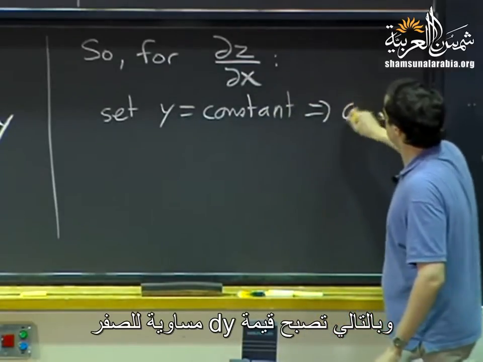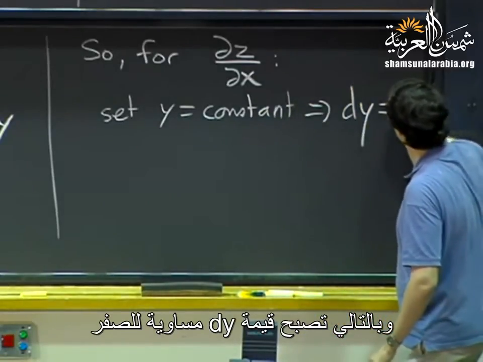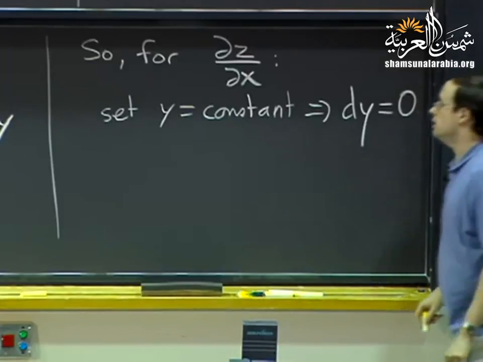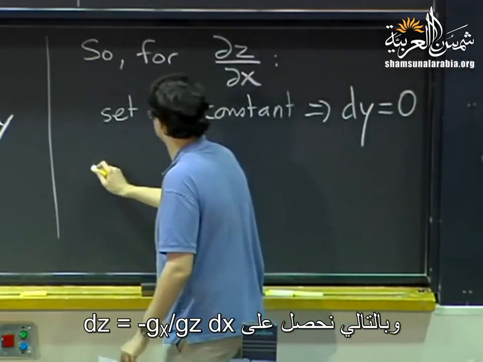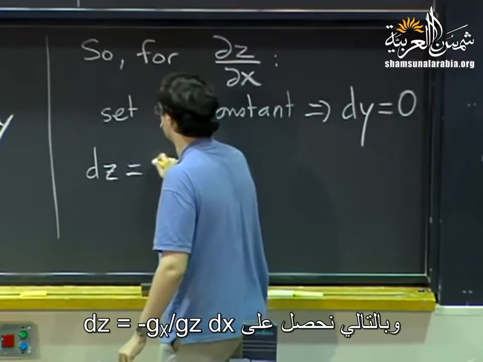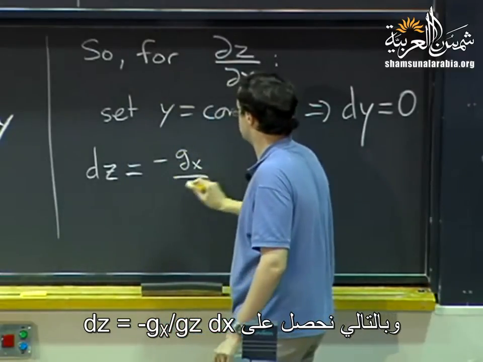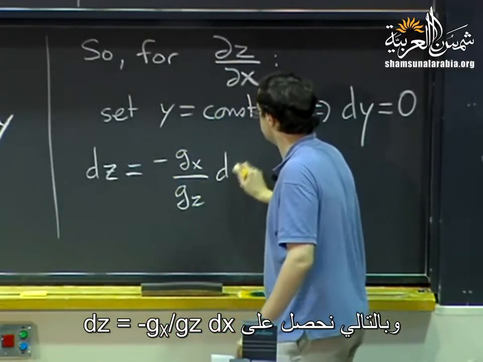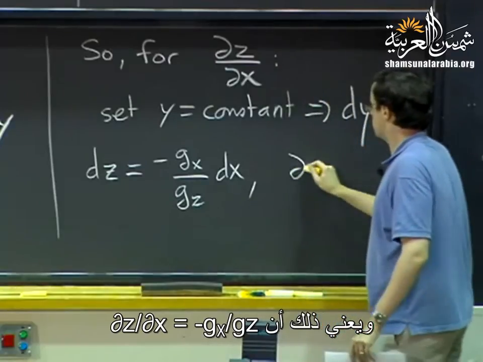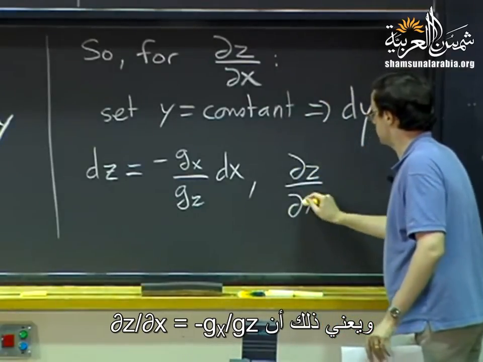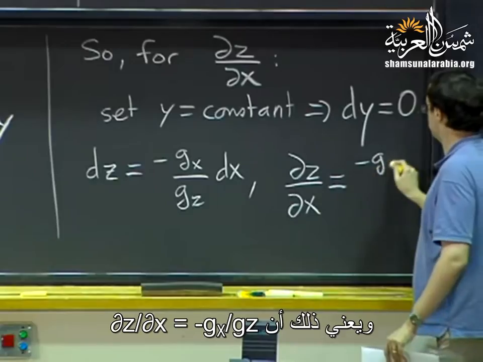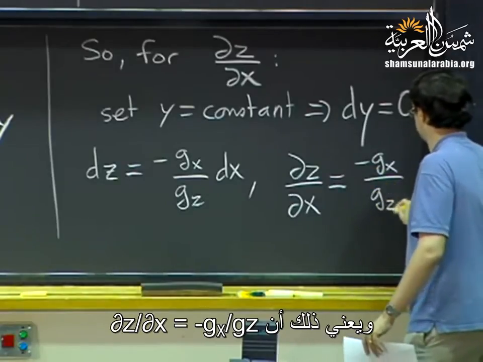So that means we set dy equal to 0. Okay? And then we get dz equals negative g sub x over g sub z dx. So that means partial z over partial x is minus g_x over g_z.